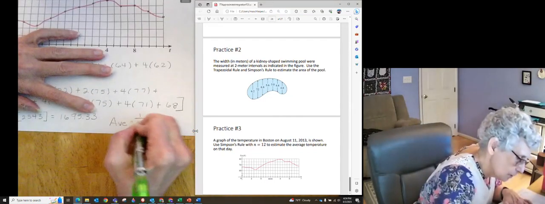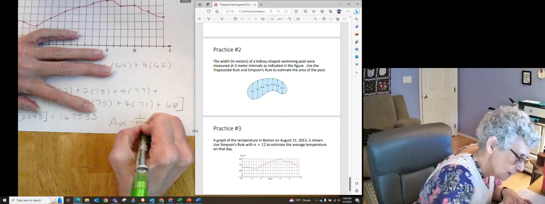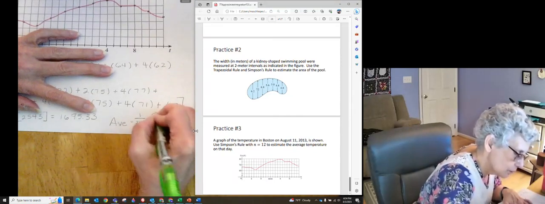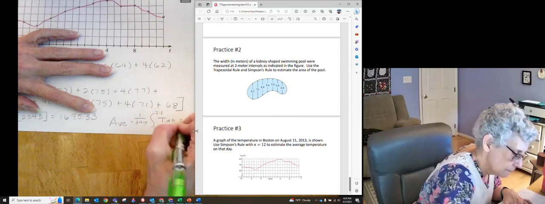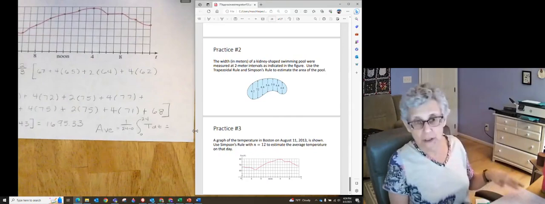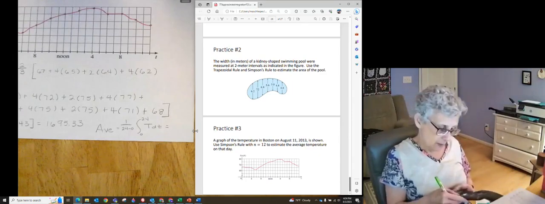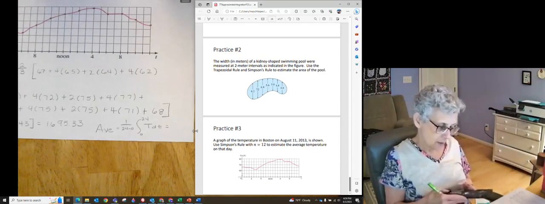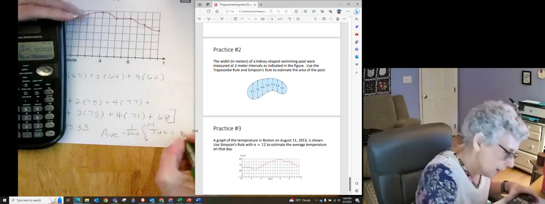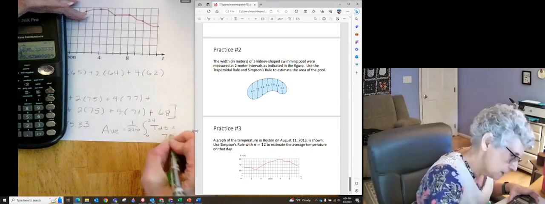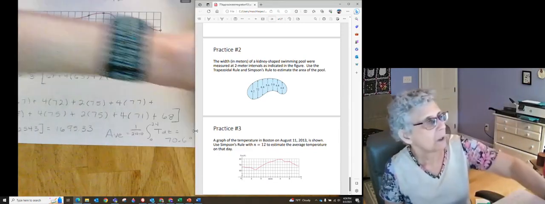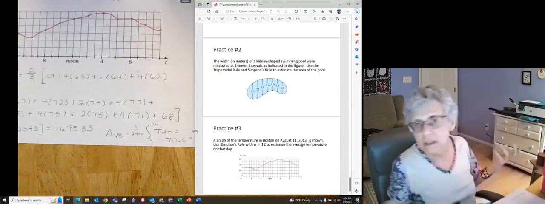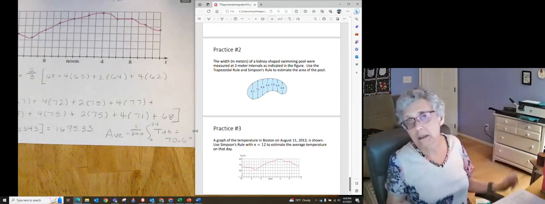So 1 over 24 minus 0 times the integral from 0 to 24 of my temperature function. So I need to take this number that I got here and divide it by 24, and I get about 70.6 degrees. And the answer in the textbook was 70.8 degrees.